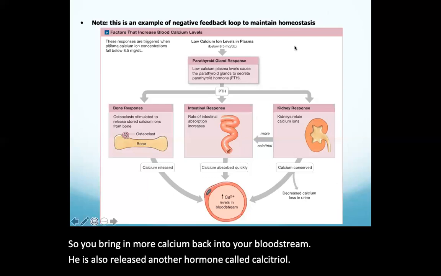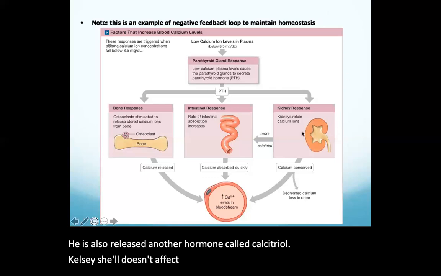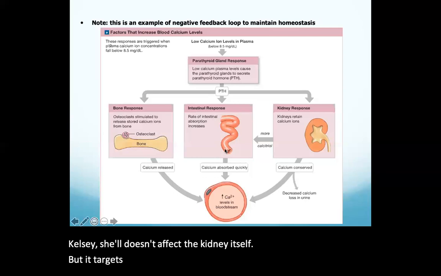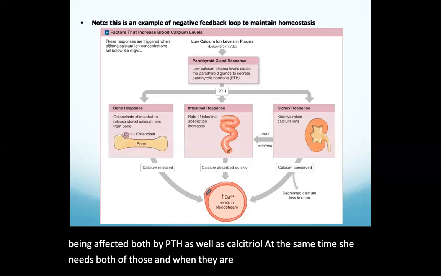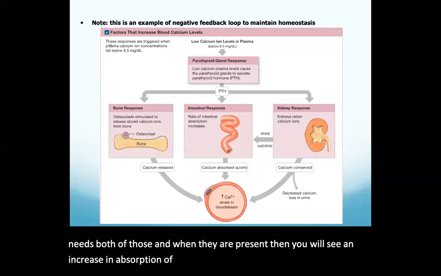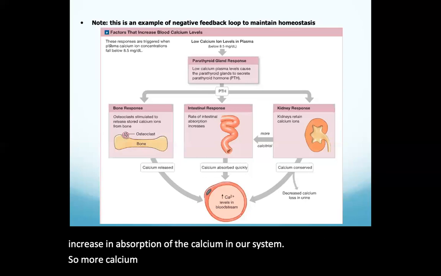Calcitriol doesn't affect the kidney itself, but it targets your small intestine. So the small intestine is being affected both by PTH as well as calcitriol at the same time. It needs both of those inputs, and when they are present, you will see an increase in absorption of calcium. So more calcium comes in from what you have eaten.